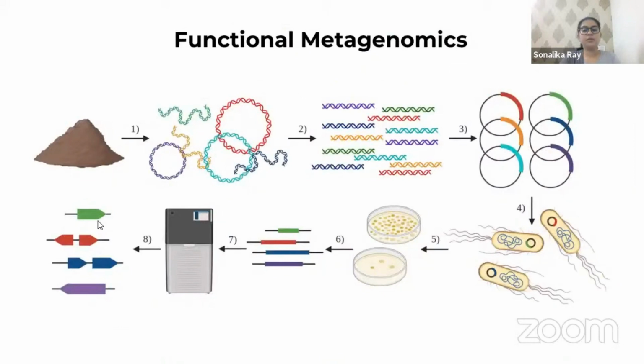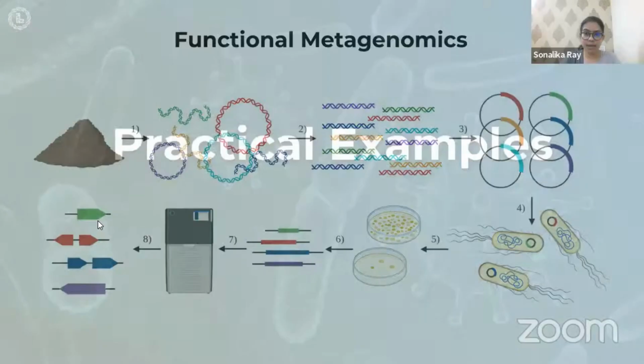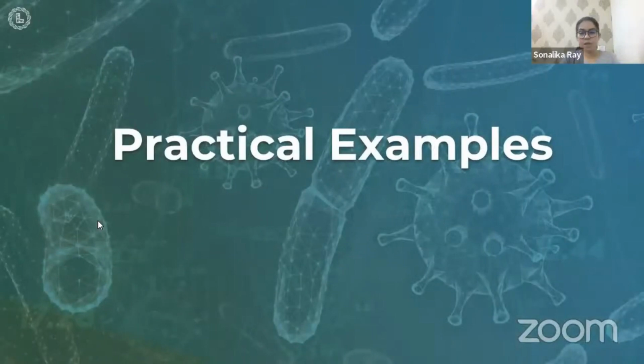We will also learn about the basics of functional metagenomics that explores the genetic potential and metabolic activities of microbial communities in a given environment. So what kind of projects can be studied using metagenomic sequencing or metagenomic data?